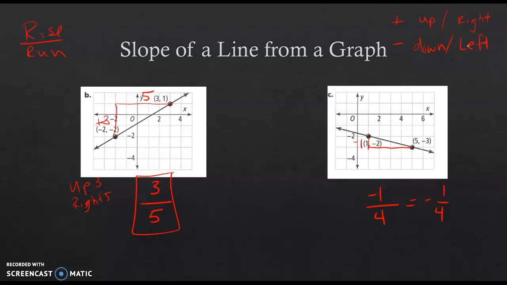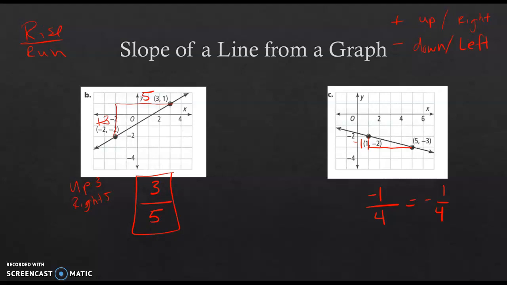Now, again, like I said, if you start from the leftmost point, then your up or down is what will determine the sign of your slope, positive or negative. But if you were to count from, say, the right point to the left point, then you're going to have to keep in mind, okay, did I go left? Did I go right? Then that will interfere, or you'll have to think about how that affects the sign of your slope as well.